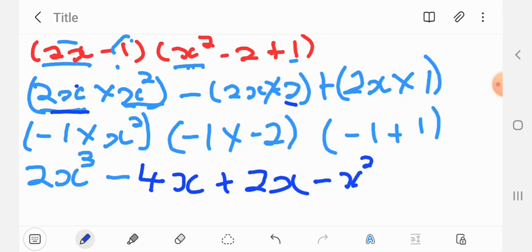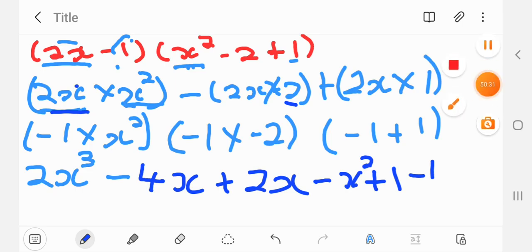And then we will have negative 1 times negative 2. In your calculator, it's negative 1 minus negative 2. And then that will be plus 1. And then negative 1 times positive 1, and that will give us a negative 1.